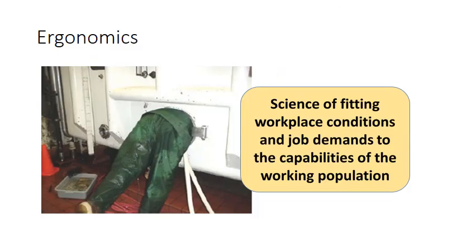Therefore, most focus in the science of ergonomics was understanding the capabilities of different working populations, as well as understanding the workplace demands and job demands, and how to fit the job demands with the physical capabilities of the working population.